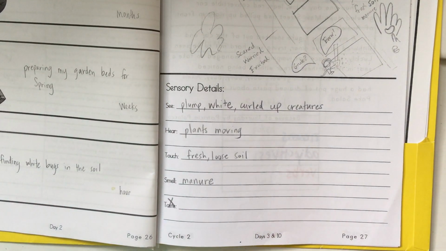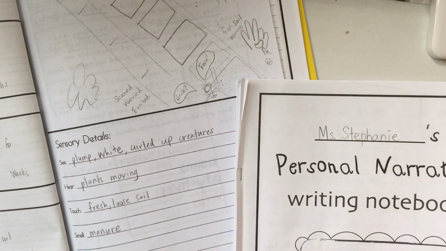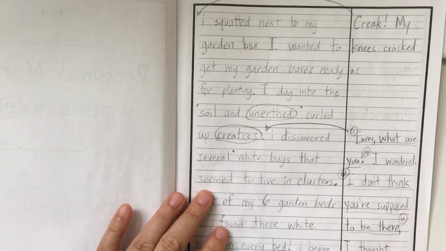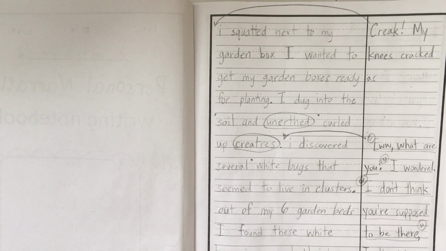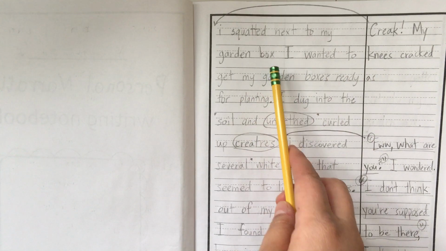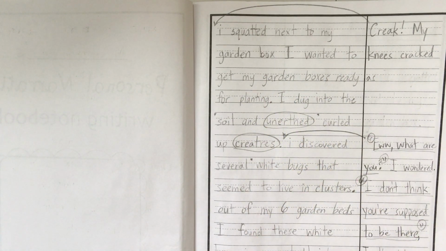Right now, I want to take my sensory details and see if I can put these into my writing. Okay, let's see. Let me put this where I can see it. Here we go. So, my knees creaked and cracked as I squatted next to my garden box. I wanted to get my garden boxes ready for planting. I dug into the soil.